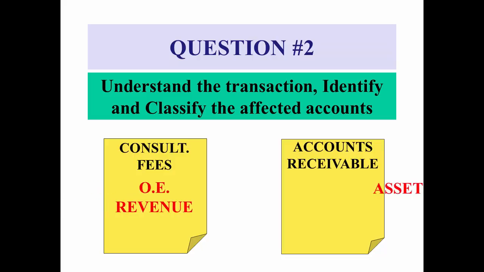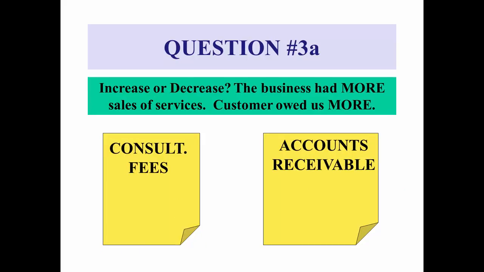Consulting fees is a revenue account, and accounts receivable is an asset. When we look at increase or decrease, we go back to the beginning. We have more selling of services than we did 5 minutes ago, so that's an increase. The customer owed us more than they did 5 minutes ago, so there's an increase in accounts receivable itself.